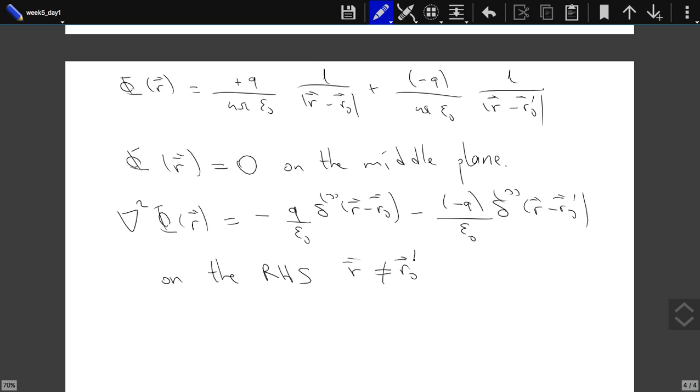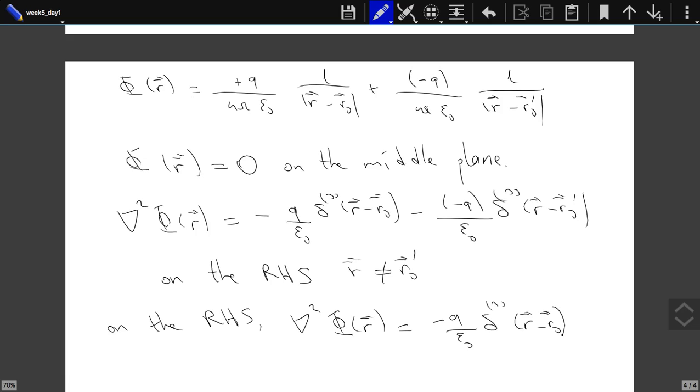This is non-zero only when r is equal to r0 prime, but that is not on the right-hand side, that's on the left-hand side. So on the right-hand side, the Laplacian of phi is equal to minus Q over epsilon 0, Dirac delta of r minus r0.